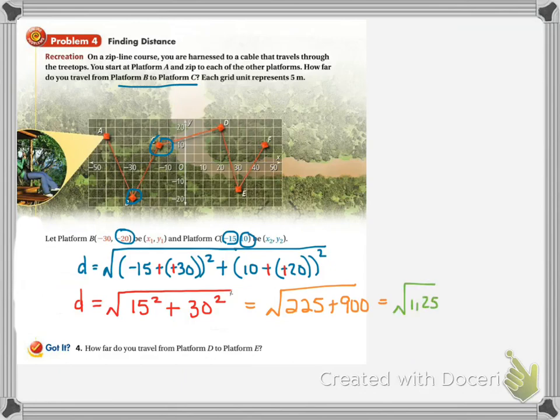So again, we're going to take the calculator and figure that one out, and we get 33.5. Now, each grid represents 5 meters. So this is the distance on the grid, but to get our total distance, we actually have to multiply that by 5.